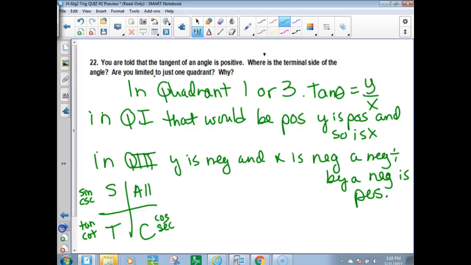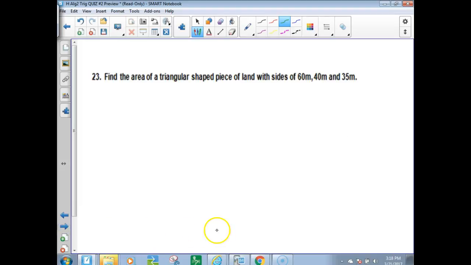All right, I think there was one more question here. Find the area of a triangular shaped piece of land with sides of 60, 40, and 35. All right, I'm just going to make some kind of a sketch here.